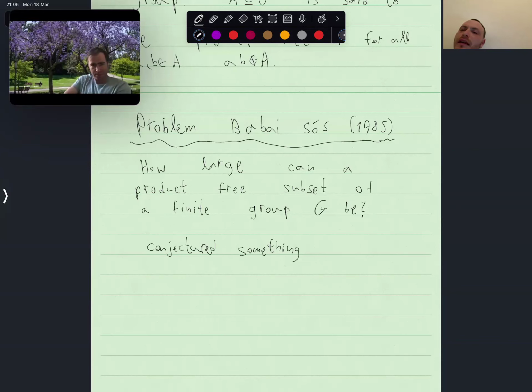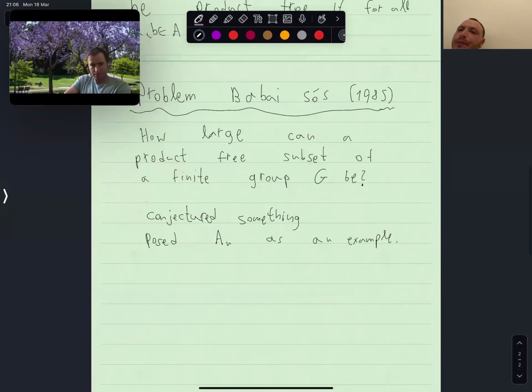They also posed A_n as an example; this problem makes more sense somehow for simple groups, and they therefore posed A_n as a first example in that paper.